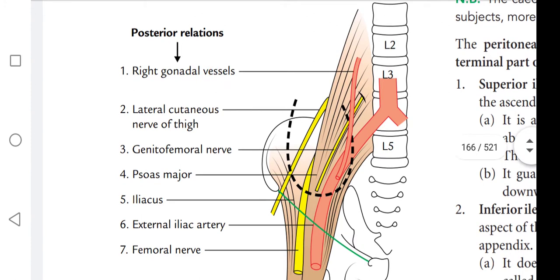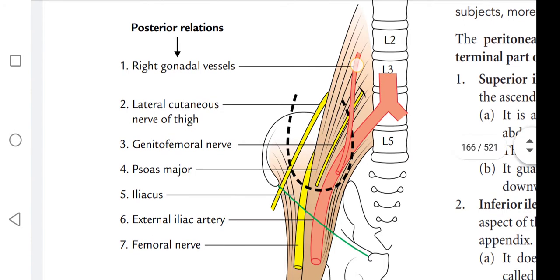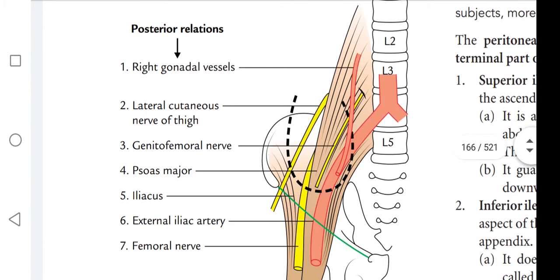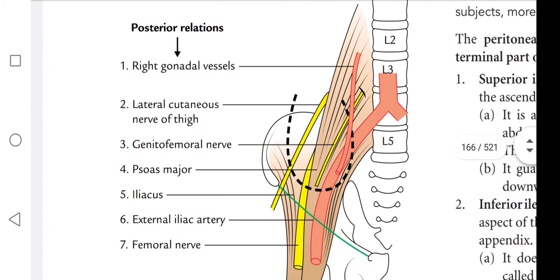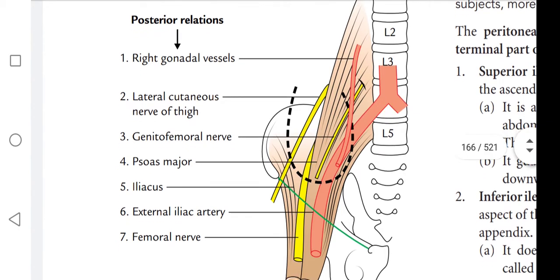And next are the right gonadal vessels. The right gonadal vessels come by piercing the psoas major muscle. You may see them clearly here. And next one is the external iliac artery, which divides at the level of the L4 vertebra.